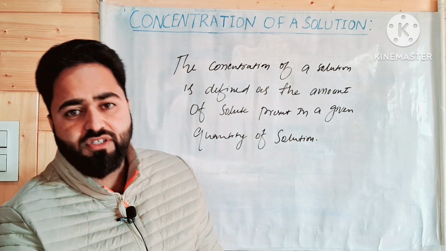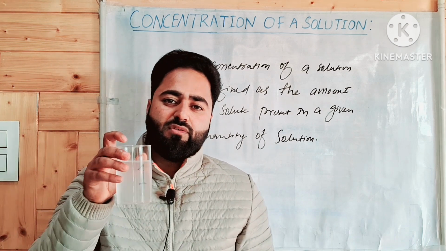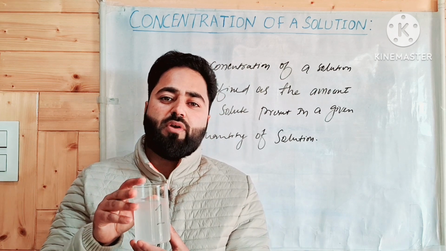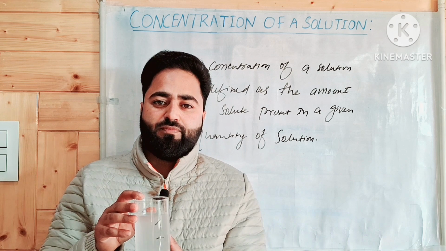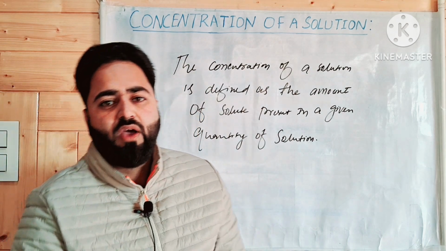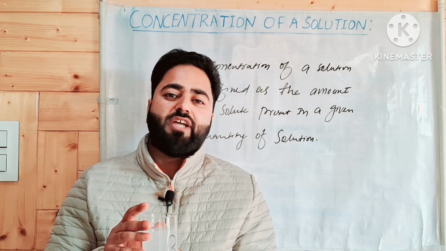In other words, we can say that the first glass, where we have the least amount of glucose powder dissolved in it, is more dilute, and the third solution, where we have the maximum amount of glucose powder, is least dilute.